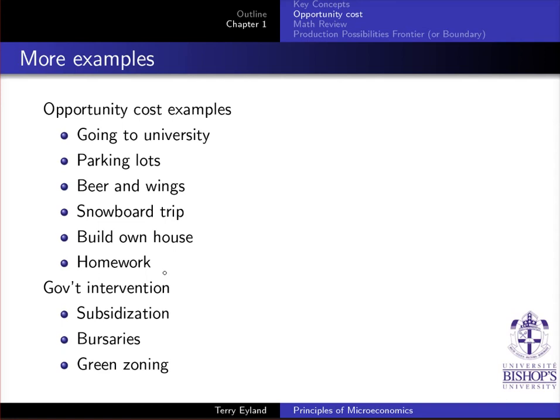It's not really worthwhile to cut your own grass and give up that option. So essentially, these are different examples that lead to opportunity cost decisions.